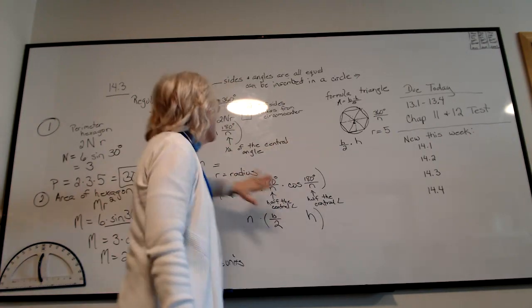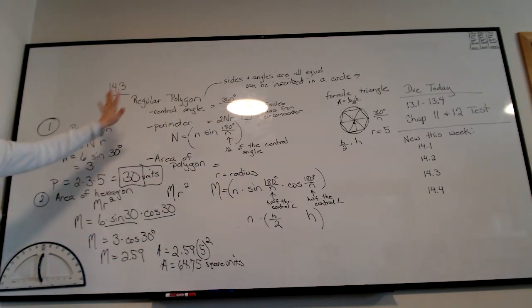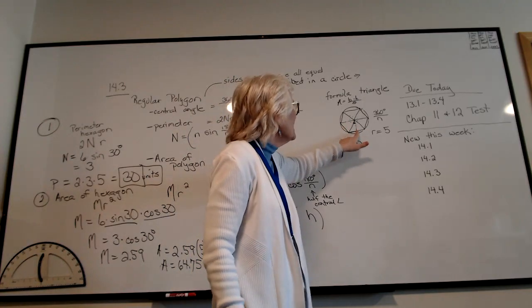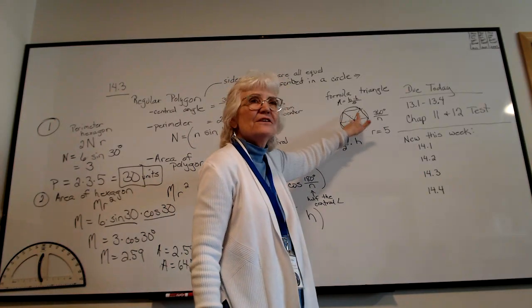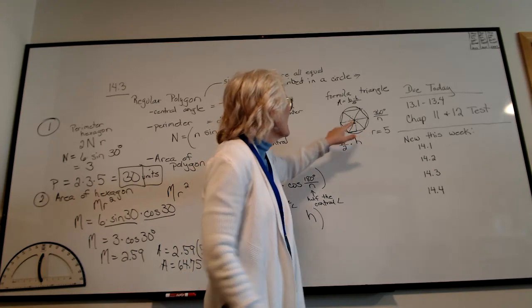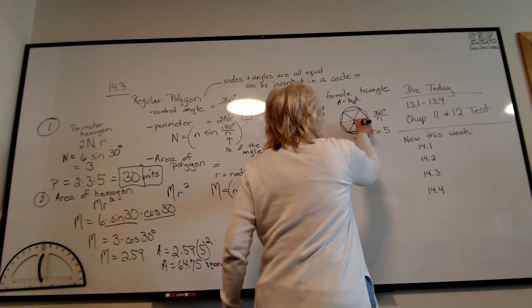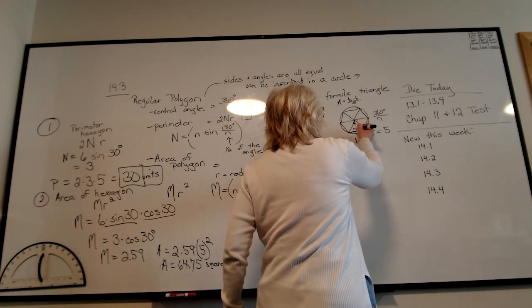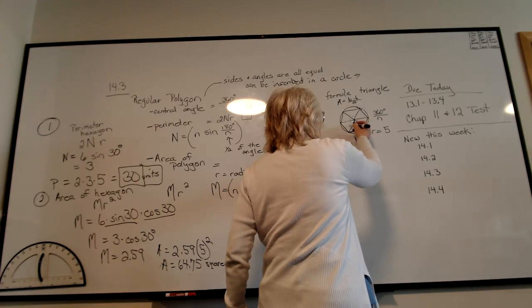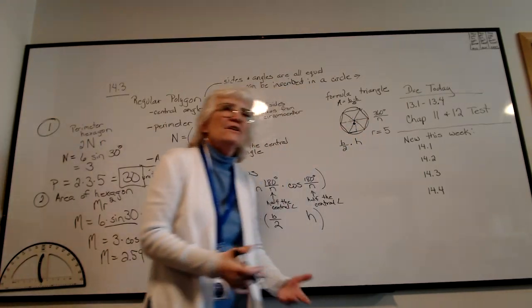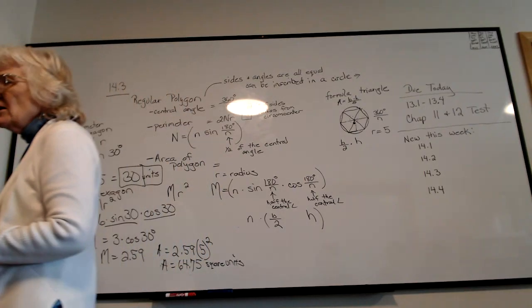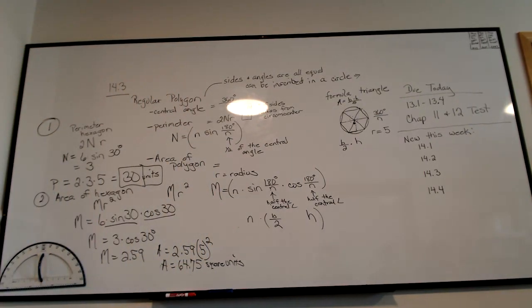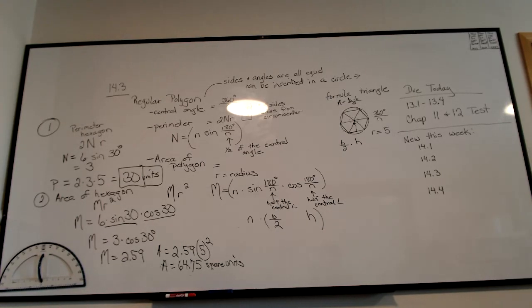Okay, and that comes from the fact that we're finding the cosines and sines of that angle, because 30 degrees is this angle. When we find the cosine and sine, we're looking at r over here, and that's why you then square it by r. Okay, any questions on that? That's really what 14.3 is about.